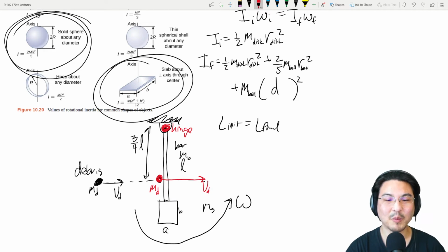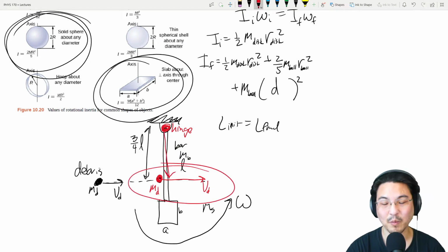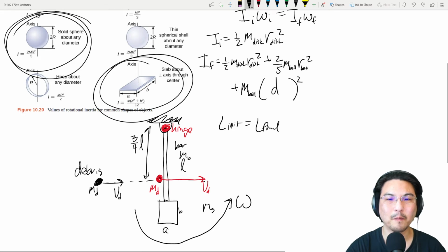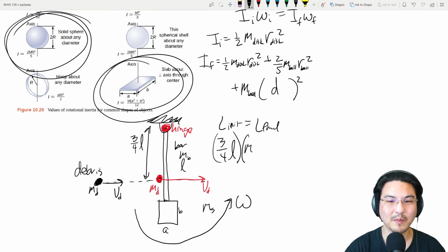So what's the angular momentum of this debris about this hinge? It's R cross linear momentum, mv. Right, so let's say it hits horizontally, so then these are perpendicular. So it would be 3/4 L times mass velocity.